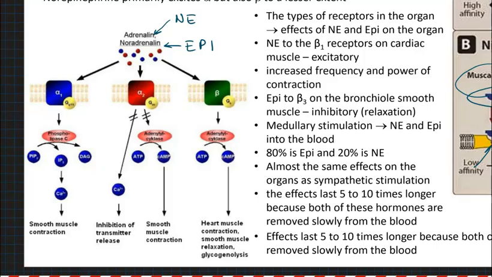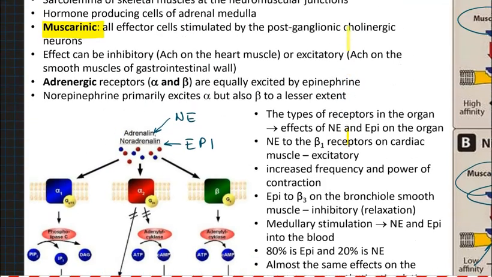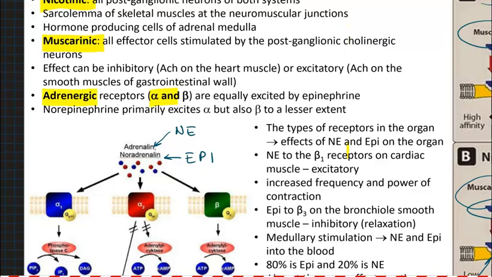Sounds good? So they bind to adrenergic receptors. There are two types, alpha and beta. And within each group, there are two types of beta adrenergics and three types of alphas. Do you need to know the function of each individual type, like beta 1 or alpha 2? No. I want you to understand another very important thing.